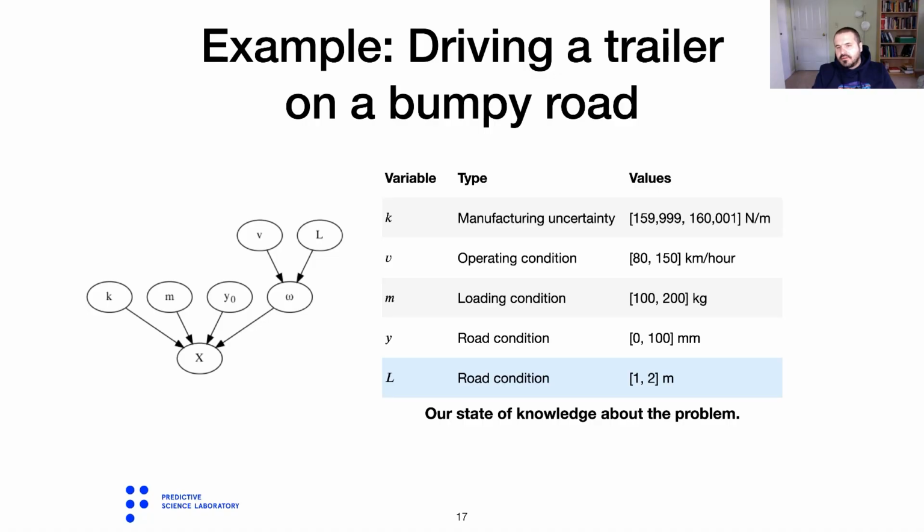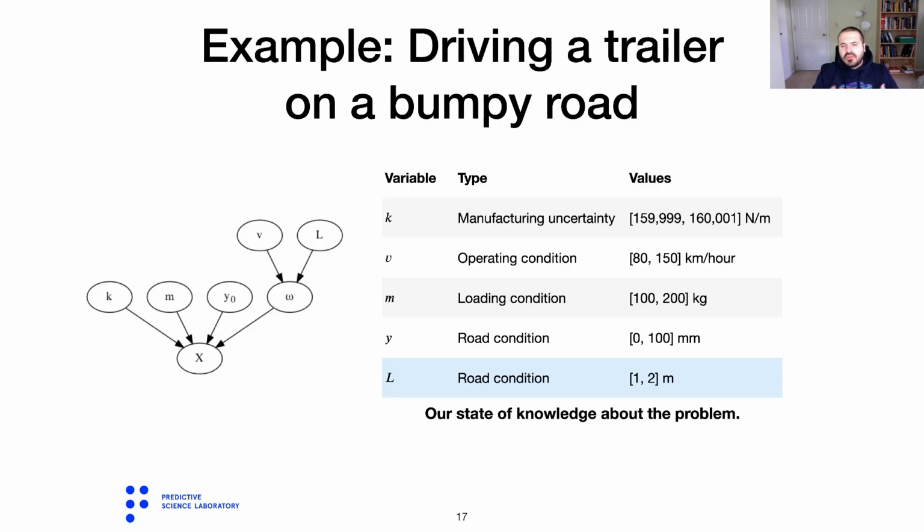And they tell us that they can guarantee that the spring constant is between this and that value with very high probability. This is given in this table right here as the first entry. So the spring constant, we know that it's going to be between 159,999 Newton per meter up to 160,001 Newton per meter.